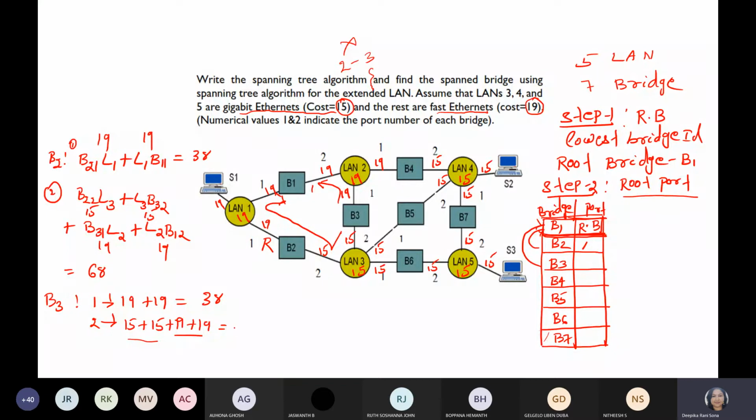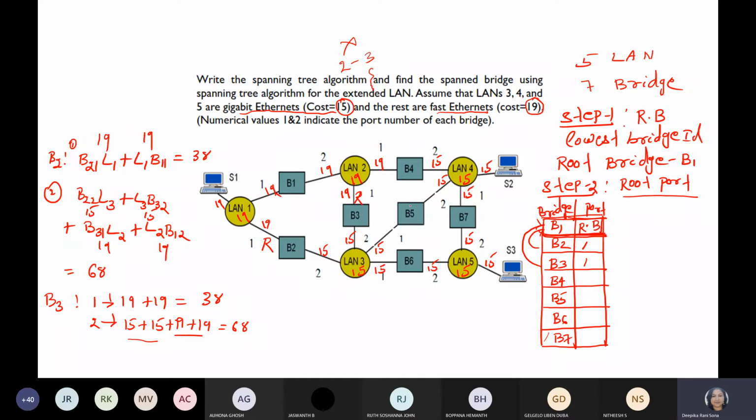So what should be the root port for B3? 38, again port 1. So here we will mark B3 port 1 as the root port.